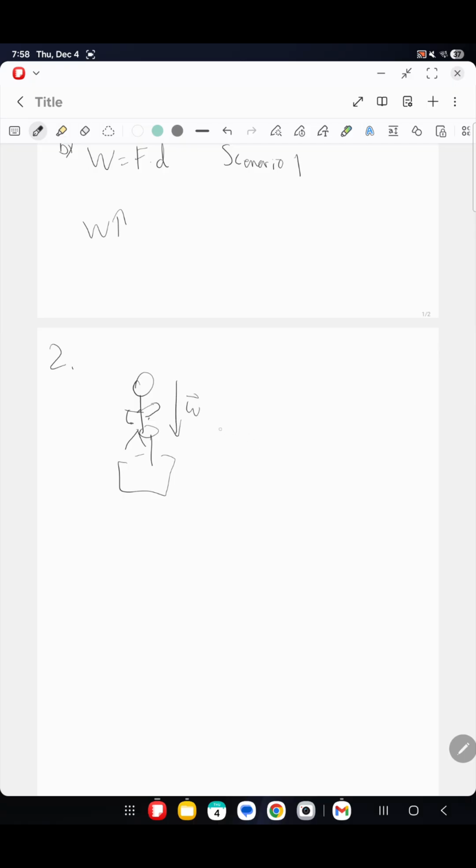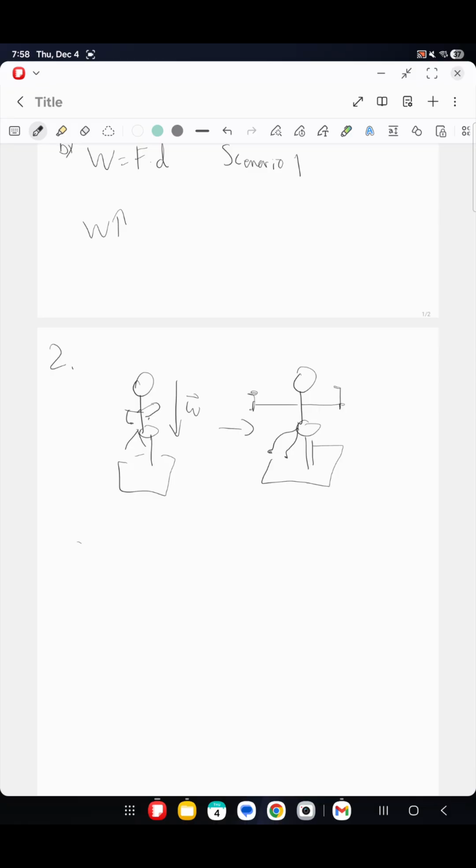But after a while, you will have your arms completely stretched out with your weights here. There you go, and you're sitting right here. And so which graph is the good one?